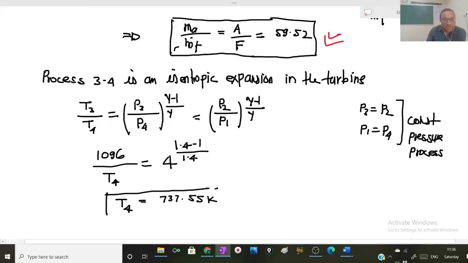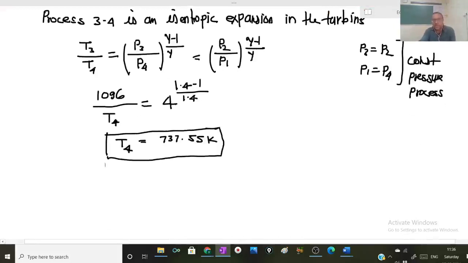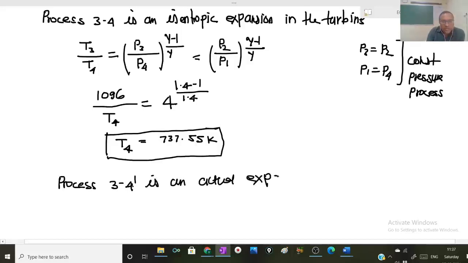So at the end of the expansion process in the turbine, this is the temperature I will get. But once again, this is not the actual temperature we get after expansion. T4 dash is the actual temperature. So I will consider process 3 to 4 dash, which is an actual expansion process.